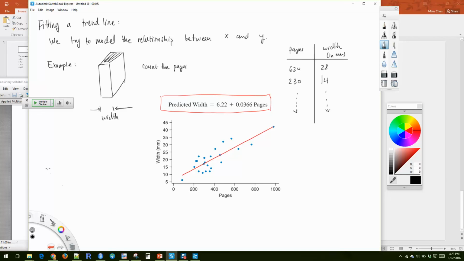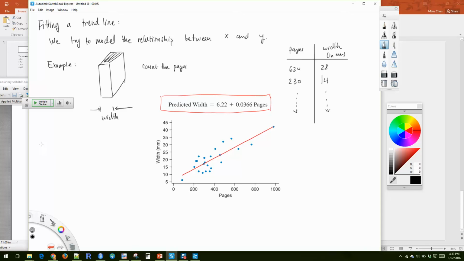If you think back to the days of algebra, you'd probably say the equation of a line is y equals mx plus b, right? Y is equal to the slope times x plus an intercept, okay? In our case, we have the same thing.